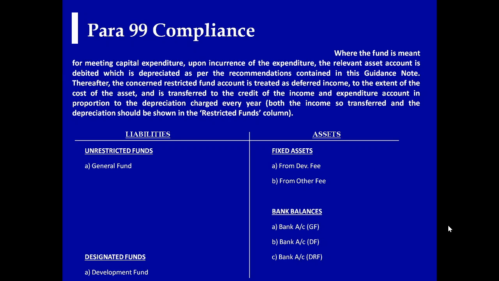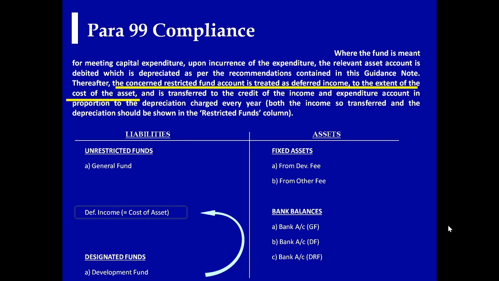Next, it says that the concerned restricted fund account is treated as deferred income to the extent of cost of asset. So it says that whatever amount you have used for the purchase of asset, you should treat it as a deferred income. So what we do is we just move out the amount that you have used for the purchase of asset and you write it as deferred income.